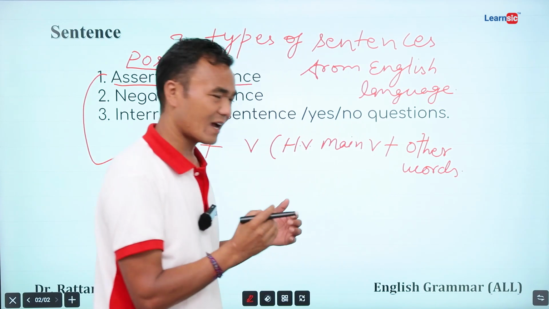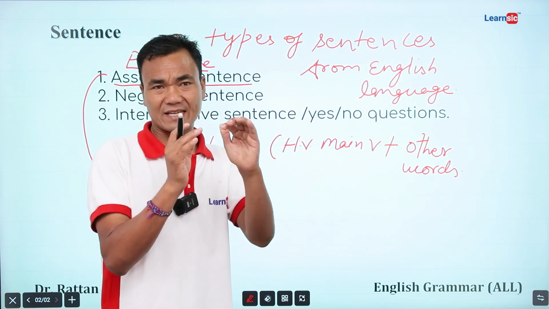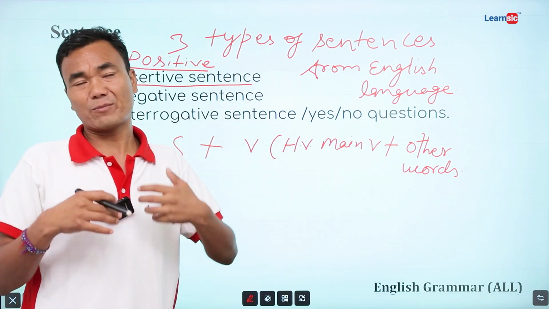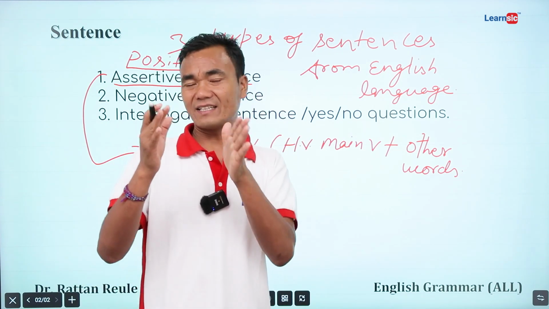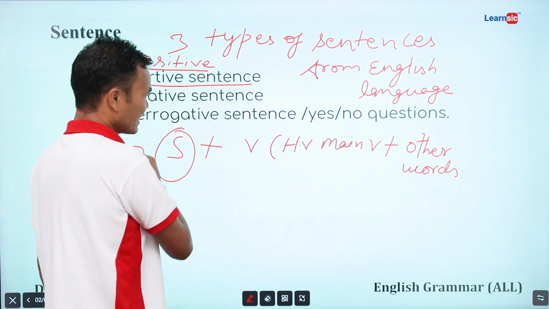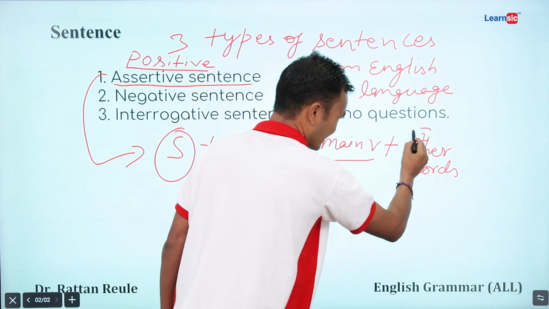So we can say that one assertive sentence, which we know is a positive sentence, is divided into three parts. One part is our subject, second part is verb, and third part is other words.